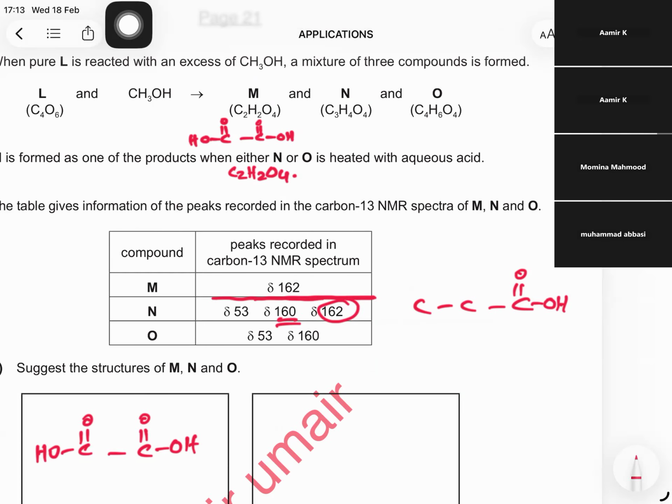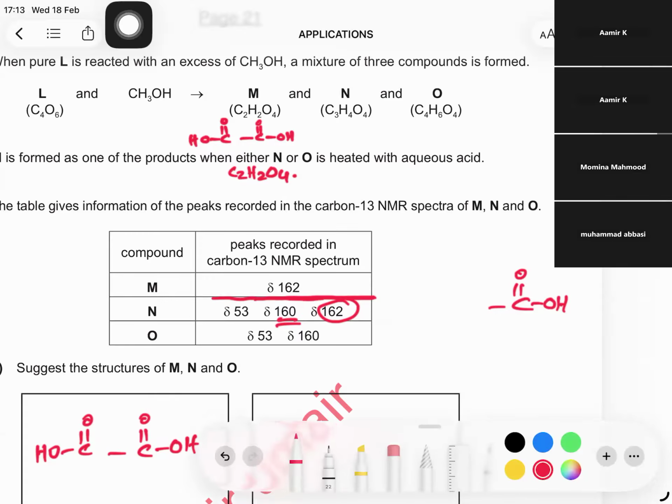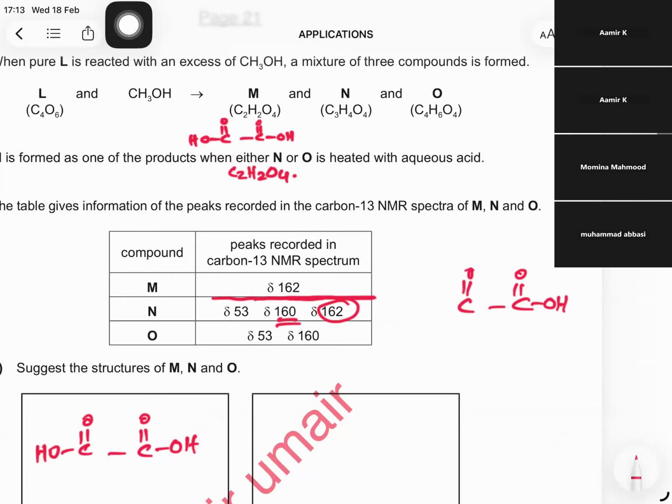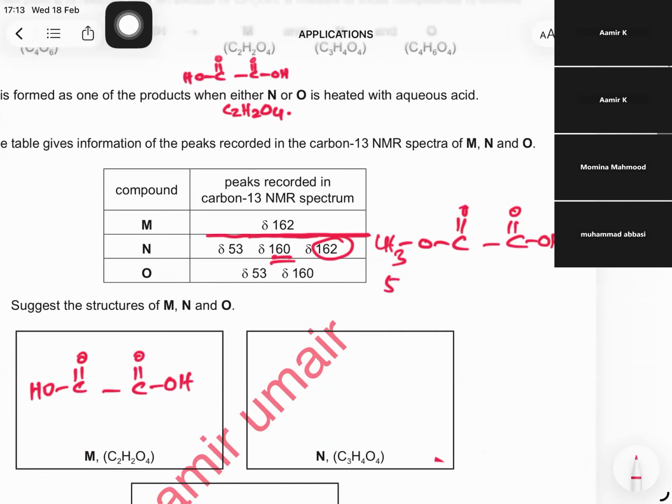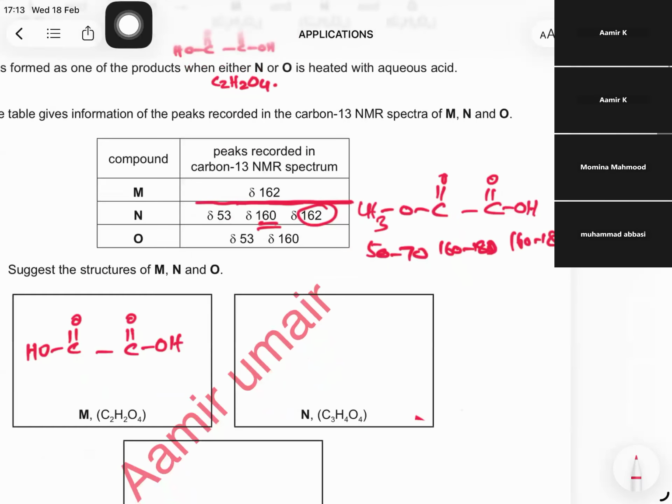It should be carbonyl CO. Sorry, carboxyl. Carboxyl means ester. It should be an ester. Next to O is CH3, because 50 to 70 is coming, right? So 50 to 70 for this, and 160 to 185, or 160 to 180, for this. Got it now? What about the last one?